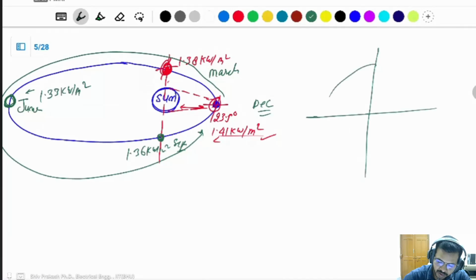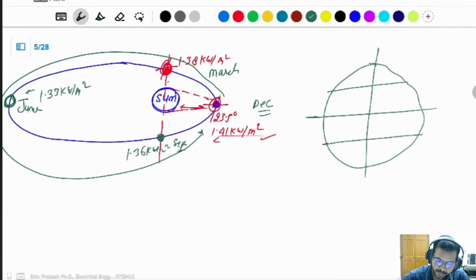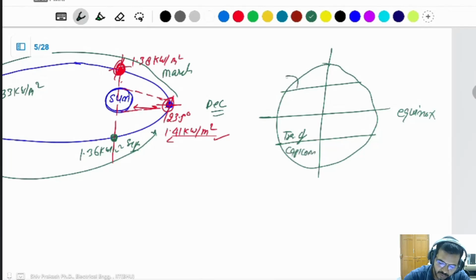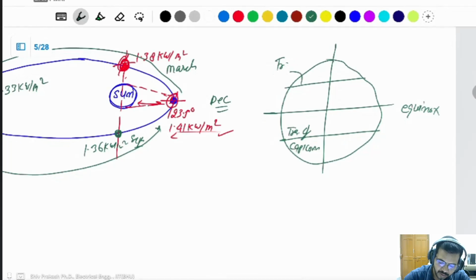Simply, you can say this is the earth. This will be the equinox line. This will be the Tropic of Capricorn. This will be the Tropic of Cancer.